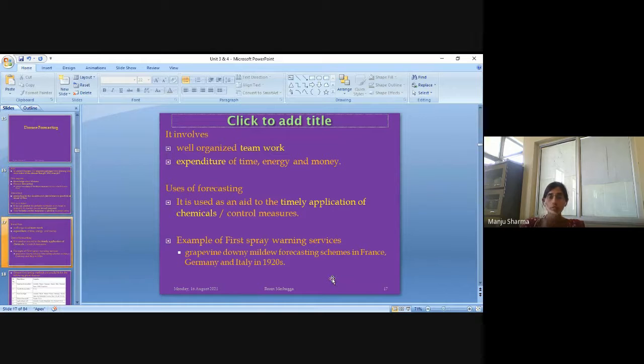It involves well organized teamwork and expenditure of time, energy and money. Then, uses of forecasting.